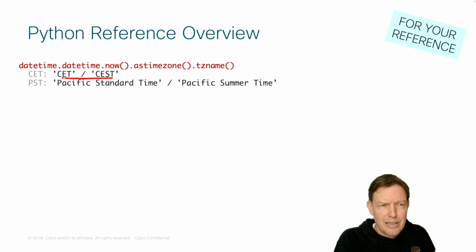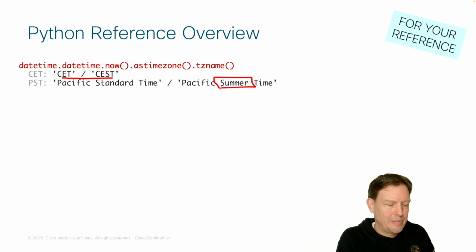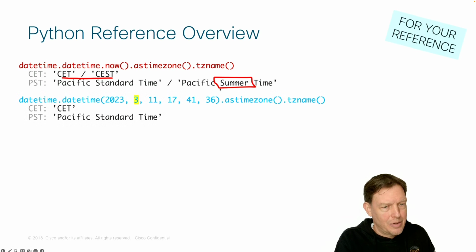The weird thing is that it uses the acronym for CET and it uses the full text for PST. I don't know why it does that. And it gets even weirder because it calls it Pacific Summer Time, whereas the acronym says Pacific Daylight Time. Quite interesting.